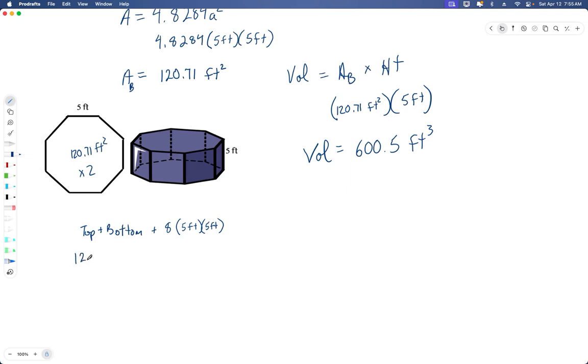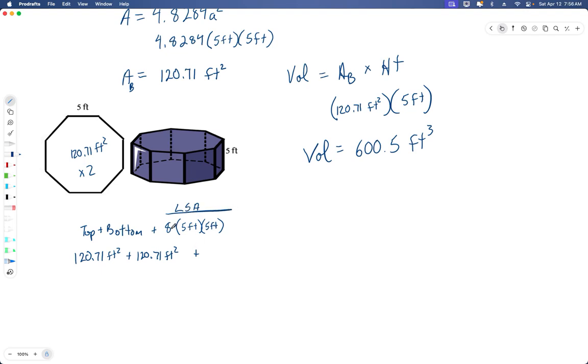So 120.71 feet squared plus 120.71 feet squared. That's the top and the bottom. That's the 2 that we were talking about. Now I just have to do this calculation. And this calculation is the sides around. That's going to be your lateral surface area, right?